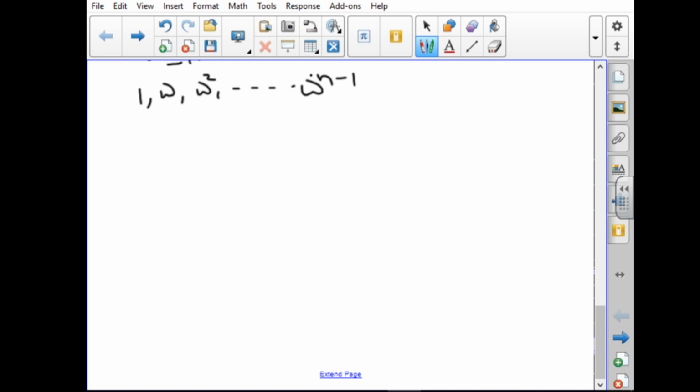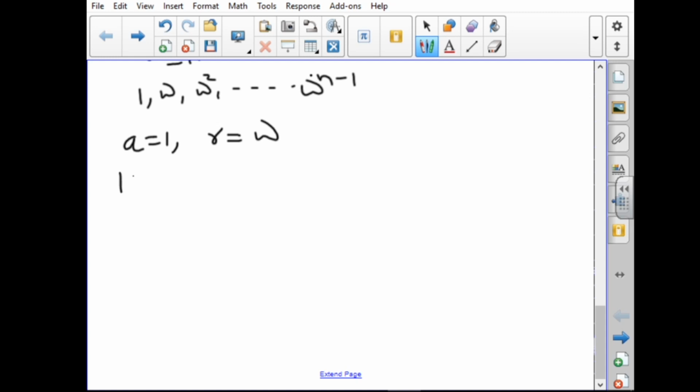So, it gives a common ratio, omega by 1 is omega, omega square by omega is omega. So, it forms a GP with A is equal to 1 and R is equal to omega. Common ratio is omega.